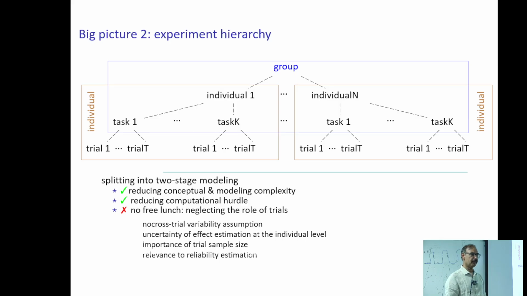To describe how much variation is there across the different subjects or within the subject across different trials, right? And by doing that, we can reduce the computational hurdle. Of course, every time we do this, we have to make assumptions regarding the nature of the data, right?